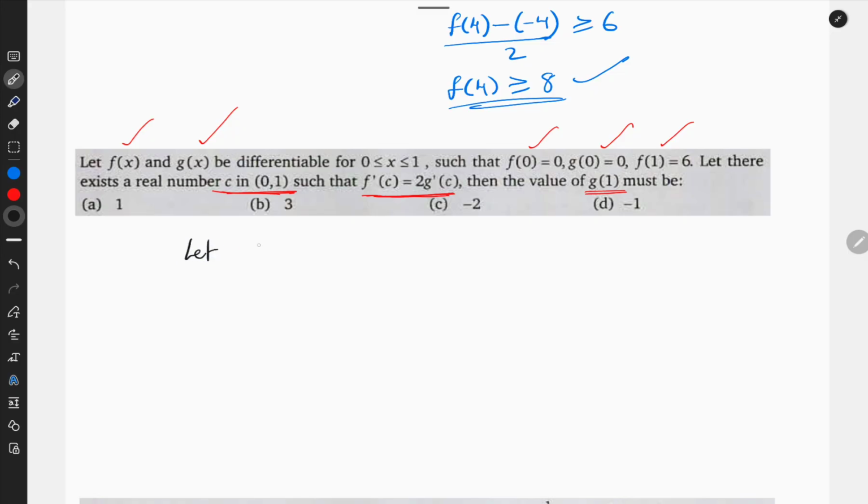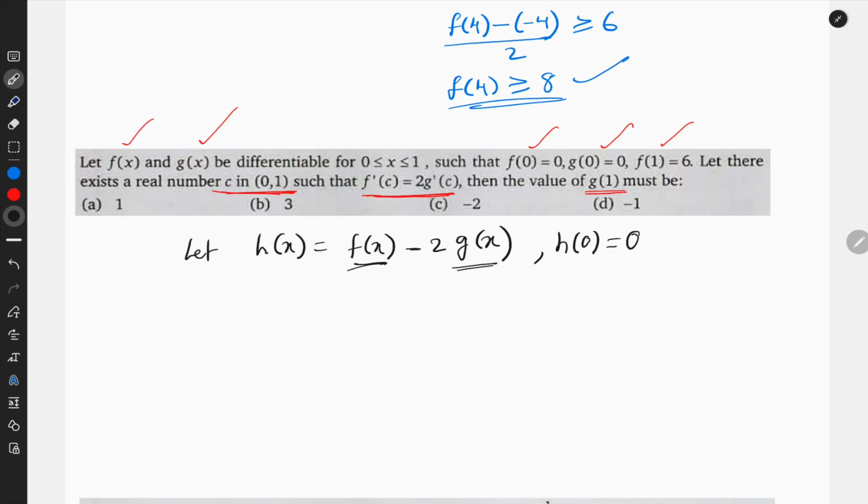Let us choose a new function h of x as f of x minus 2g of x. And already it is mentioned that, then what about the value of h of 0? h of 0 will be, f of 0 is 0, g of 0 is 0 as it is given, so h of 0 will be 0.